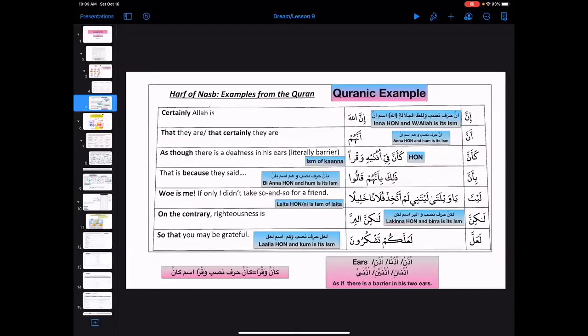Okay, so we were talking about Laita. I'm gonna just go over it again. Laita over here, basically it says, Ya wailata laytani lam attakhiz fulanan khalila.